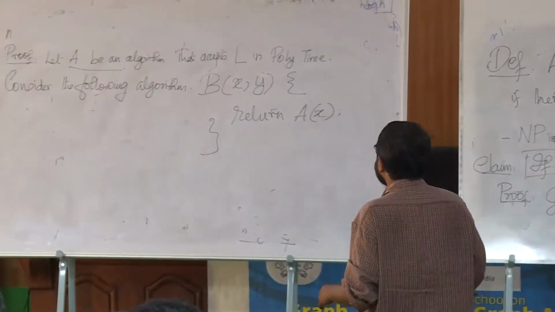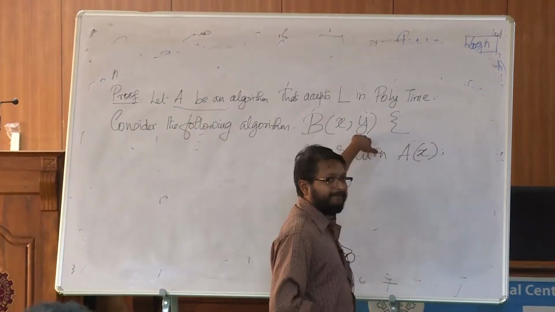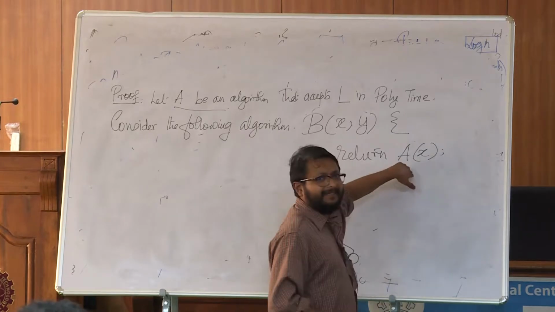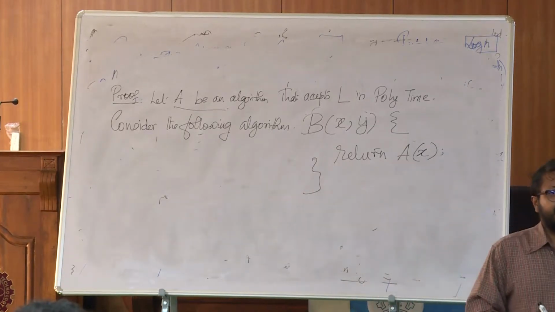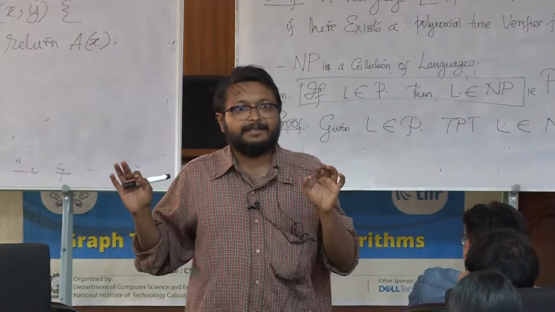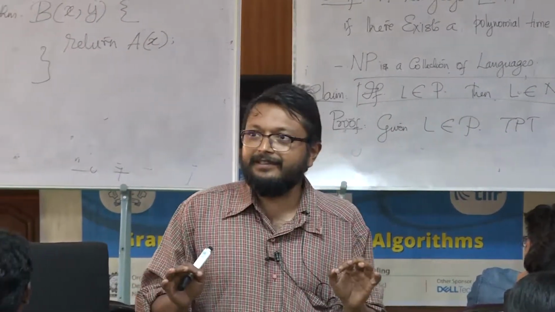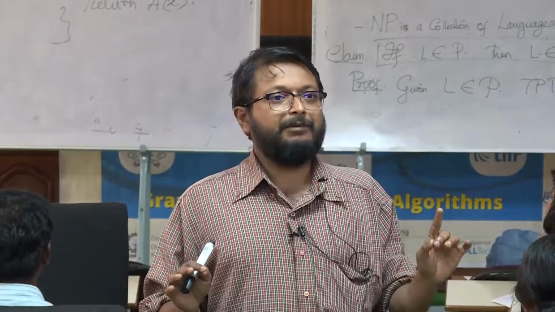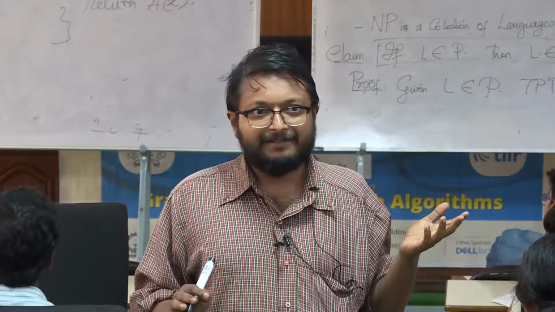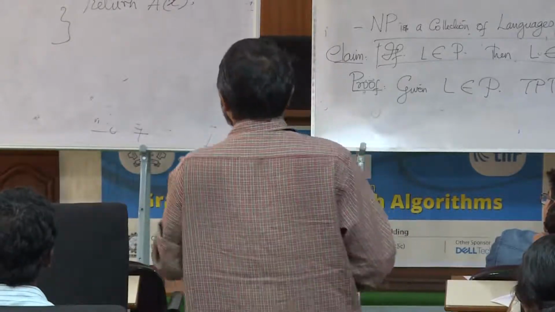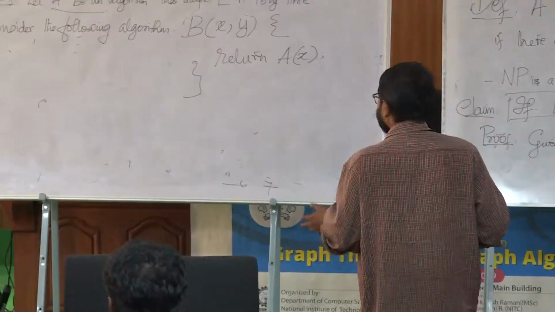It is going to take an x and a y as input, and then it simply calls A. Whatever A returns, this guy will return. Now does this algorithm B satisfy the requirements of a polynomial time verifier for L? Whenever x belongs to L, yeah, so again I have written alpha and y, so let's have x and y.